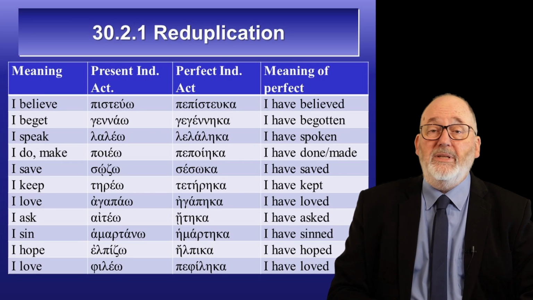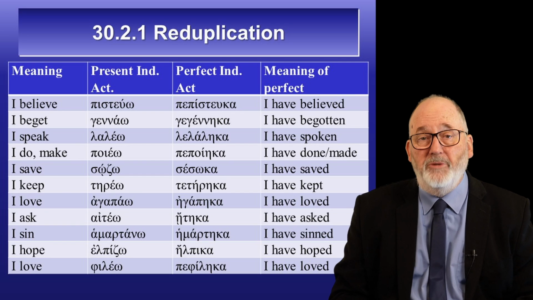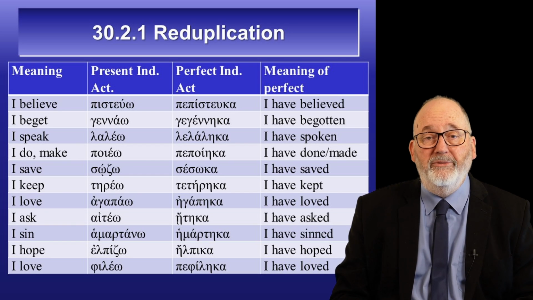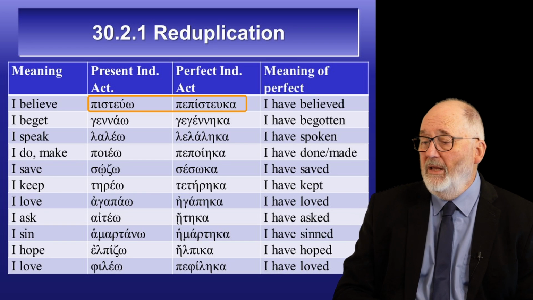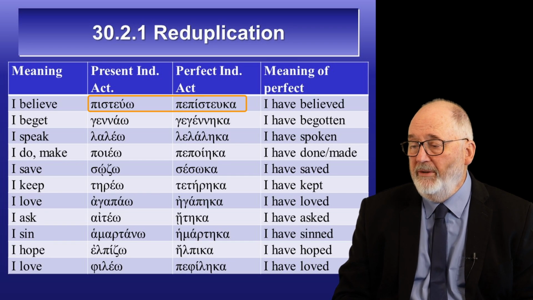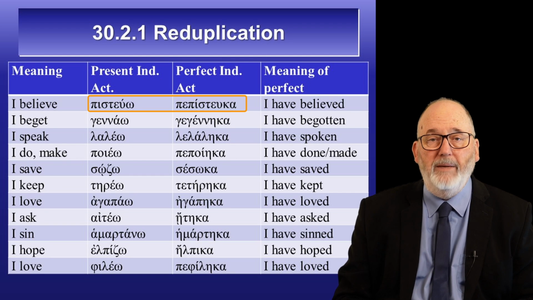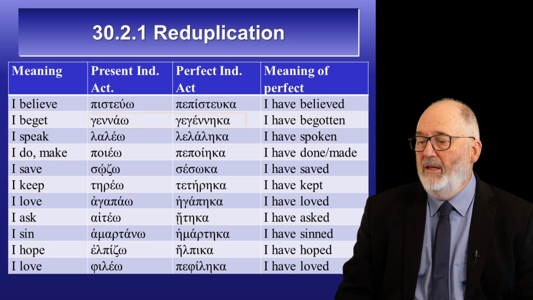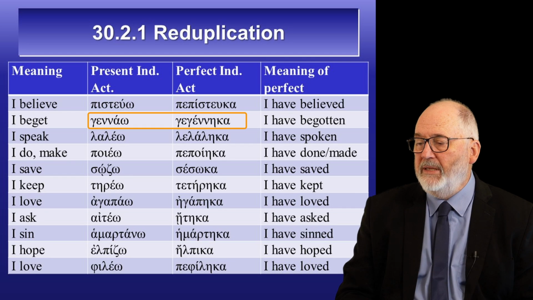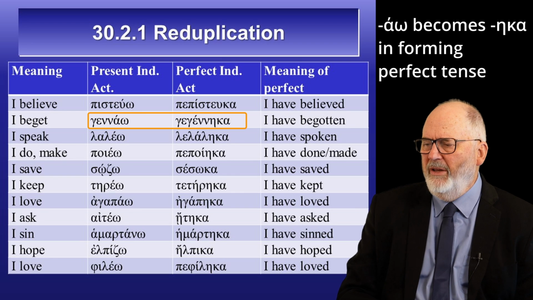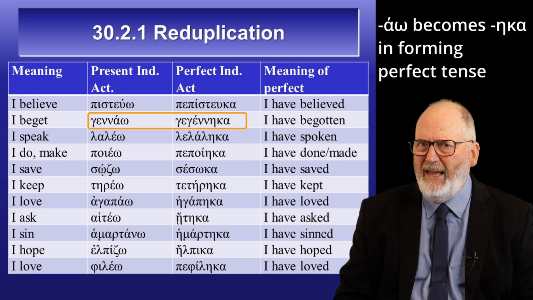Here are some examples to illustrate the reduplication that takes place at the beginning of a verb when forming the perfect tense. We have pisteuō becomes pepisteuka, so the p becomes pep. We have gennaō becomes gegennēka, the g becomes geg, and you'll notice that the aō becomes ēka.